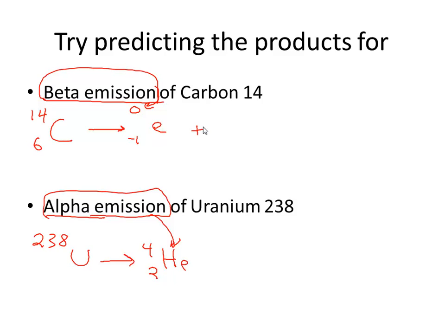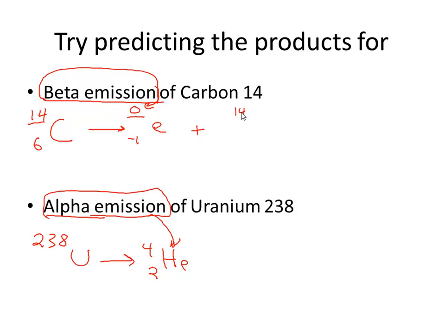My mass started off as 14, and I gave up 0. What's left? 14. I started off with a mass of 14, changed by 0, so my mass is 14.